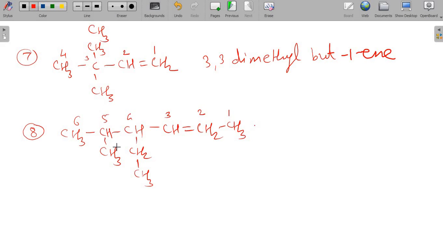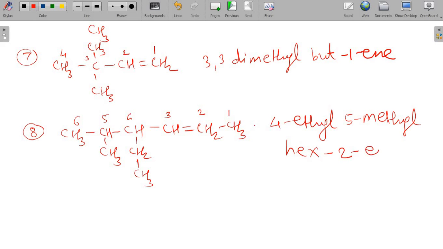If you see, there are 2 alkyl groups which are joined at the 4th and 5th position, and both these alkyl groups are different. That's why according to alphabetical order you have to give the position and name for the alkyl group, which is ethyl. That's why 4-ethyl, then 5-methyl, then there are 6 carbon atoms, therefore it is hex. The position of the double bond is 2-ene.